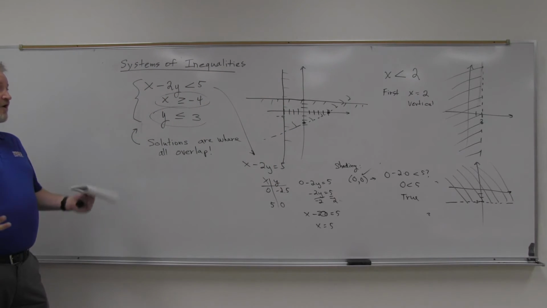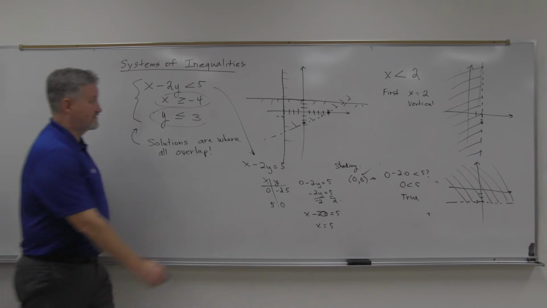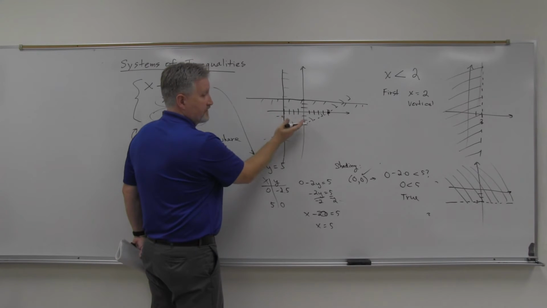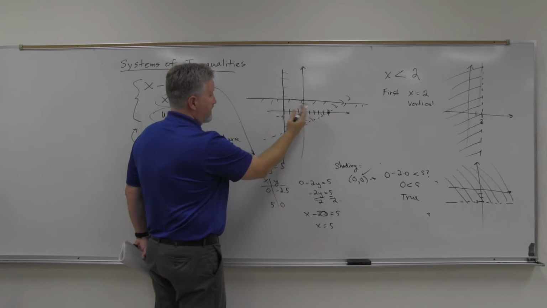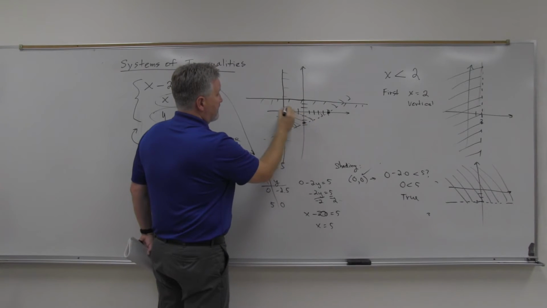So I'm looking for where all these overlap, and sometimes it's probably what you would think. In this case, which pieces am I talking about? Triangle. Yeah, it's a triangle inside here because it's above this line, below the horizontal, to the right here. So yeah, it's everything inside here.